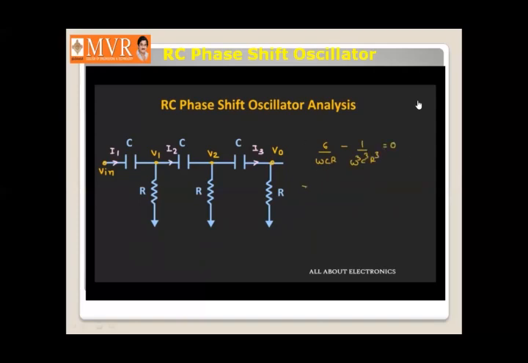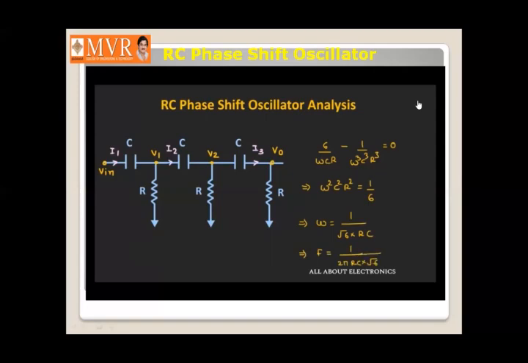Or we can simplify this expression as omega square C square R square will be equal to 1 by 6. That means omega will be equal to 1 by root 6 times RC. And if we write this in terms of frequency, then f will be equal to 1 by 2 pi RC times root 6.